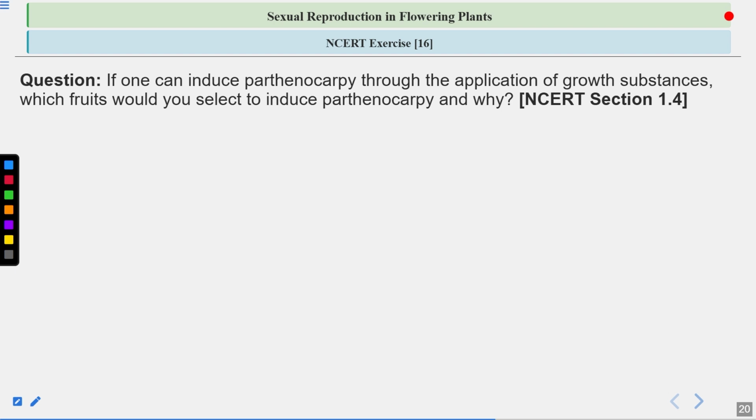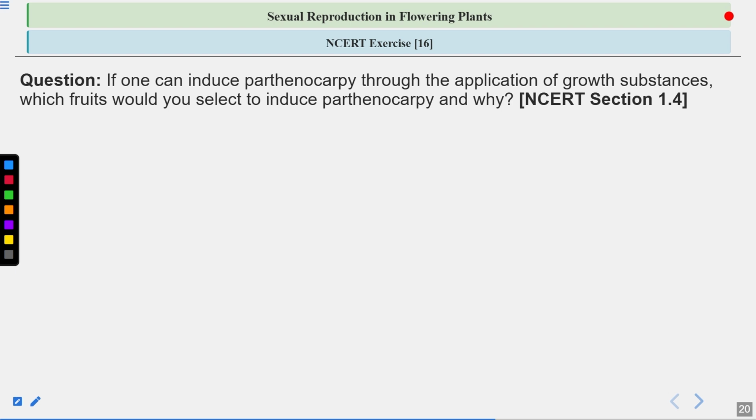So with banana, you can actually produce parthenocarpic fruit with the help of spraying hormones like auxin. Now, in the case of banana, it itself produces so much auxin that before fertilization, it forms the fruit. Naturally, it is happening naturally.